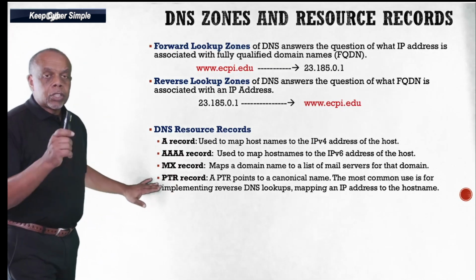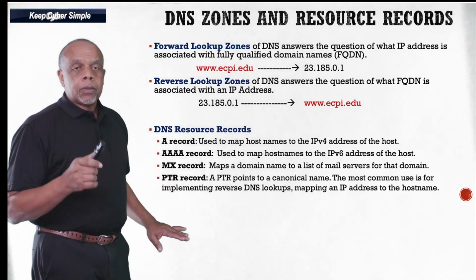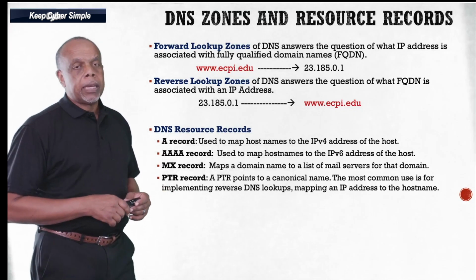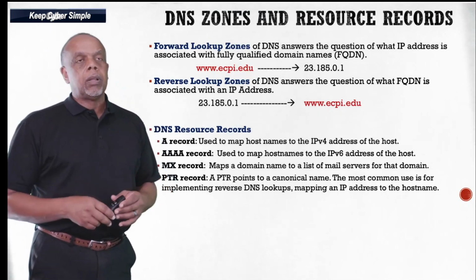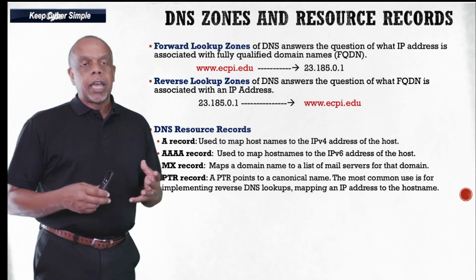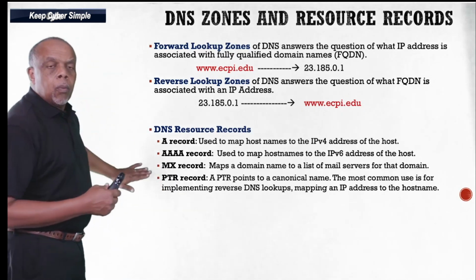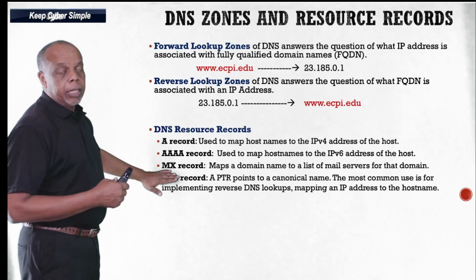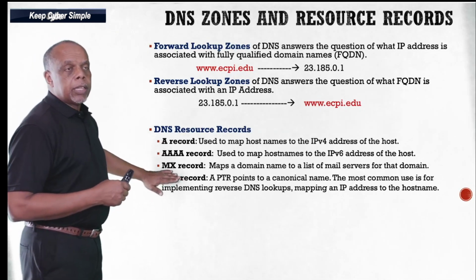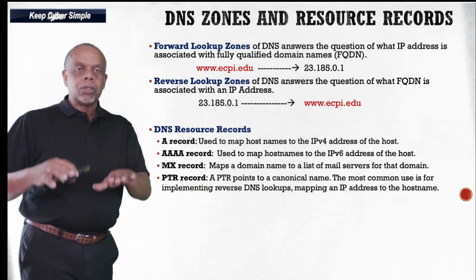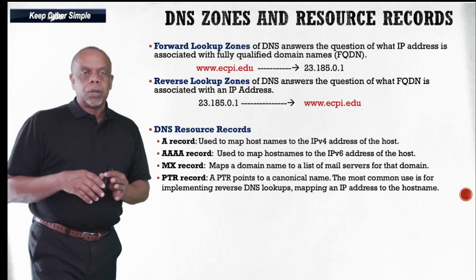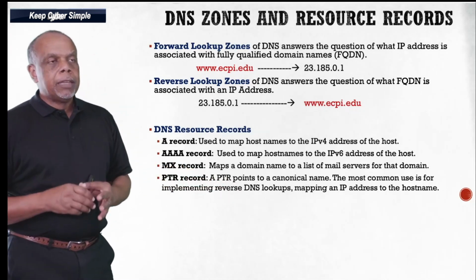Now, DNS is also used for mail, right? When we're using different types of mail, like POP3 or IMAP email, like Gmail and some of these other types of internet mail, guess what? DNS is in the background, even with Microsoft Exchange, and it has an MX record, which maps a domain name to a list of mail servers on that domain. That's how we're able to get email traffic.